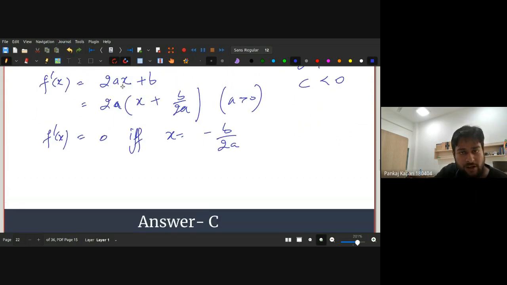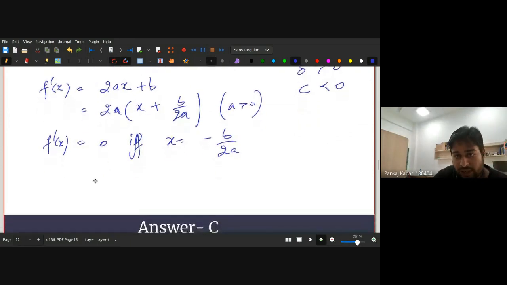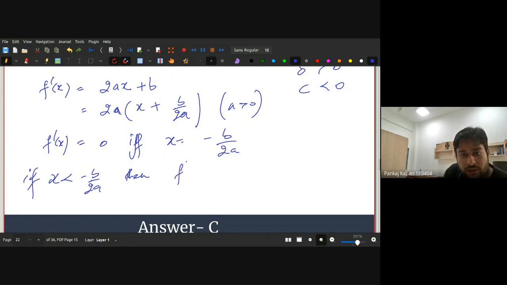Now just find out the change of sign of this derivative near the point minus b by 2a. It doesn't matter what the sign of minus b over 2a is. Notice that if x is less than minus b over 2a, what will happen to the derivative?